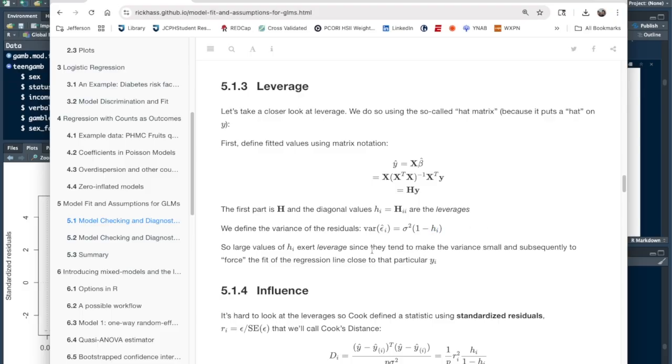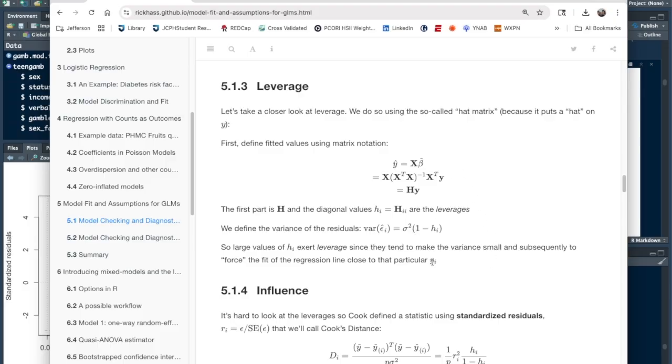In this equation, large values of H will exert more leverage because they make the variance small, and force the fit of the line close to it. So leverage values are values in your data set, Y values specifically, that force the fit of the regression line close to it.